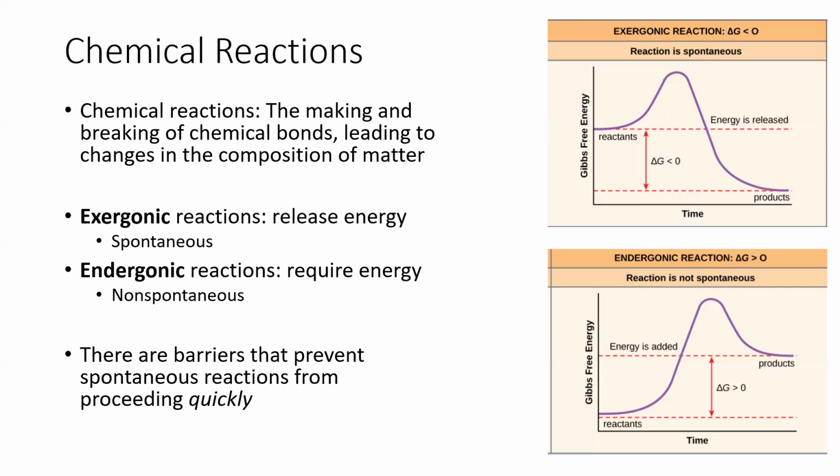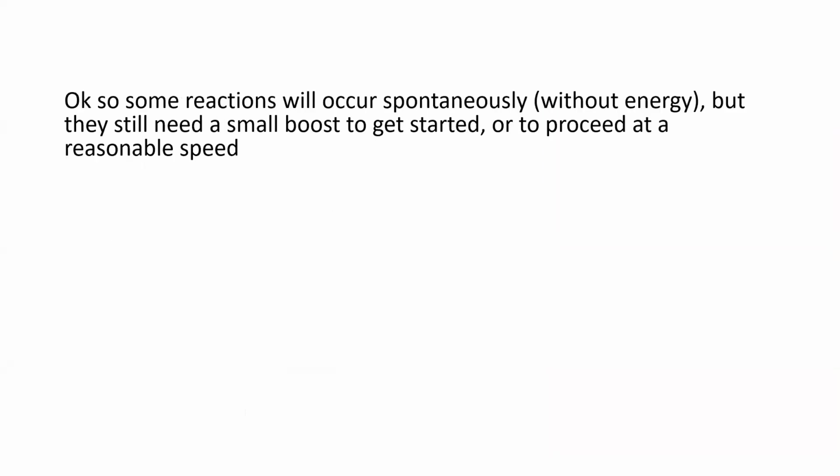I'm not going to spend a ton of time on it because honestly, they might not be the most helpful visuals. But essentially, these are just looking at free energy, which is energy that's available to do work, and then time. And this is essentially just showing how these reactions are either going to take energy or release energy, relative to free energy available to do work in a system.